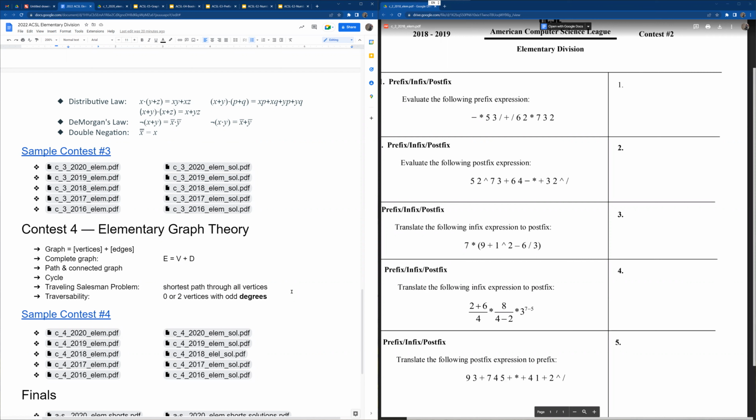So the rule for that is that 0 or 2 vertices have odd degrees. Odd degree meaning an odd number of connections out of that node. That's the key to traversability. You just need to remember that.